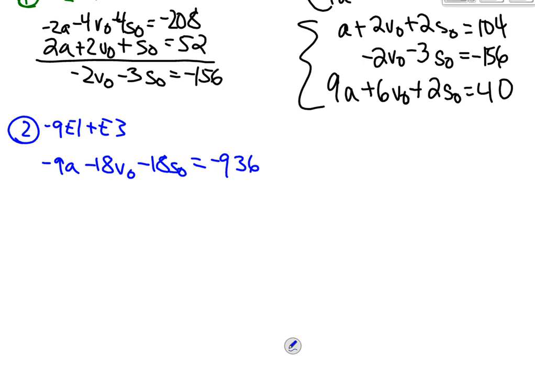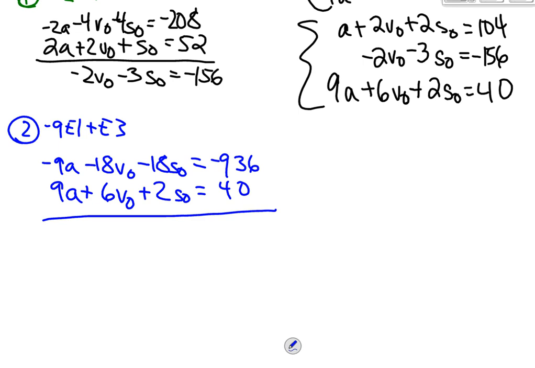Am I right there? And then for this one, 9A plus 6V0 plus 2S0 equals 40.